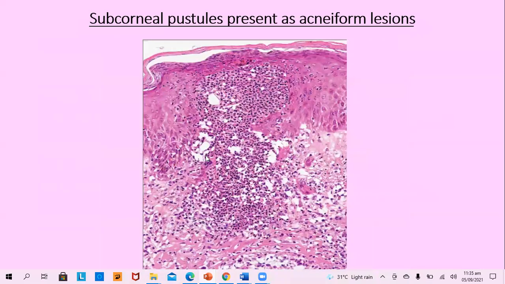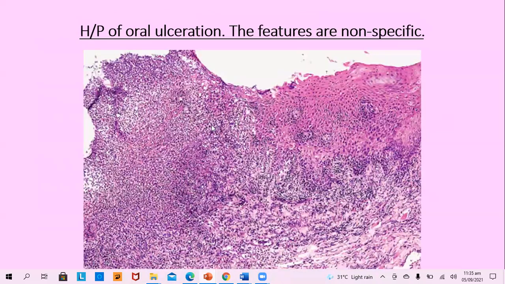The lesion is sterile. Subcorneal pustules or acneiform lesions are also seen. This is histopathology of an oral ulcer. You can see total loss of epithelium and dense neutrophilic infiltrate within the dermis.